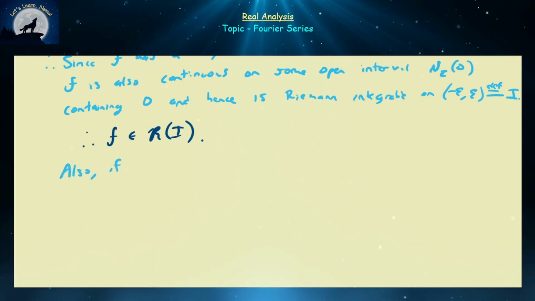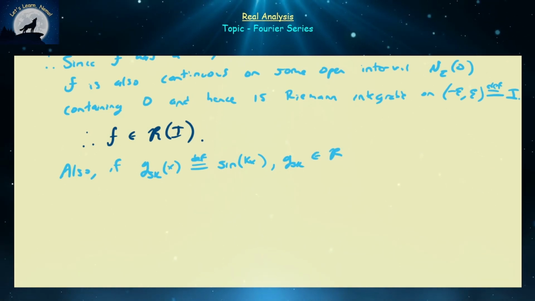If we have this function g_sk of x, which I will define as the sine of kx, then we should be able to prove that g_sk is also Riemann integrable on I.